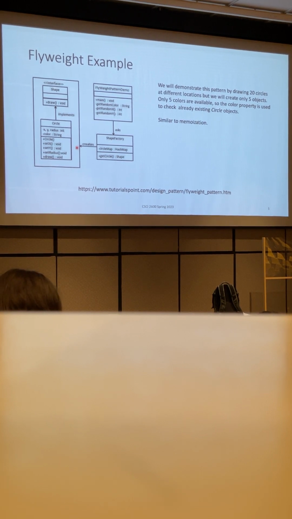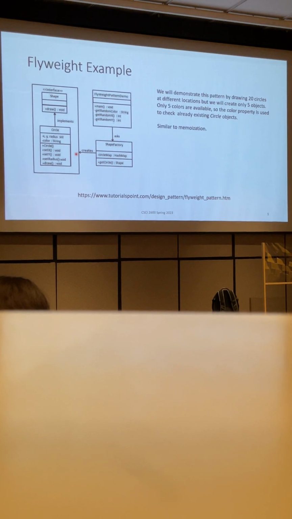So this idea is similar to memoization. Remember from your algo class, memoization is an optimization technique that stores the result of an expensive call in some part of memory. So it basically stores a cached result so that you don't have to recompute it again.